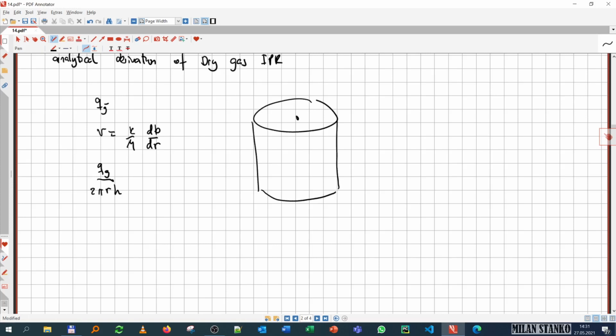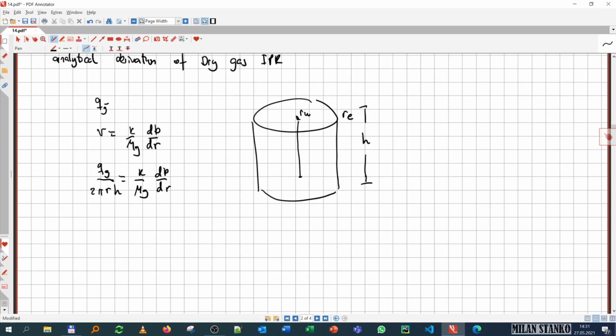Here we have rw, and then we have re here, and we are assuming this is fully perforated, and this is h, and we only have gas, so this is mu G. So this is the equation we are trying to solve.